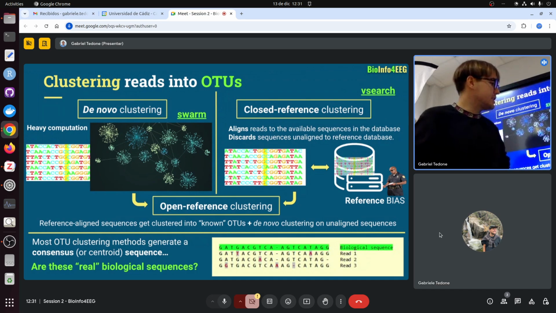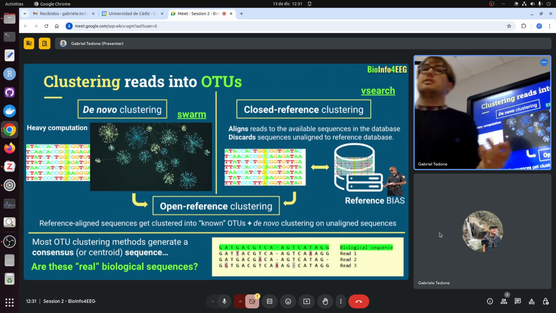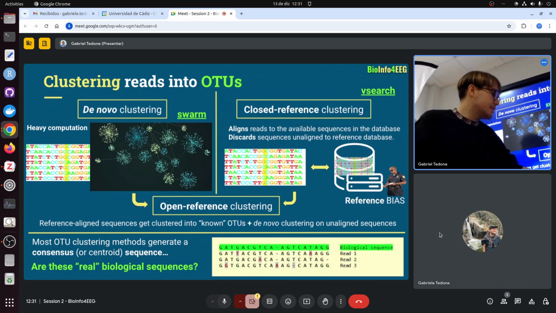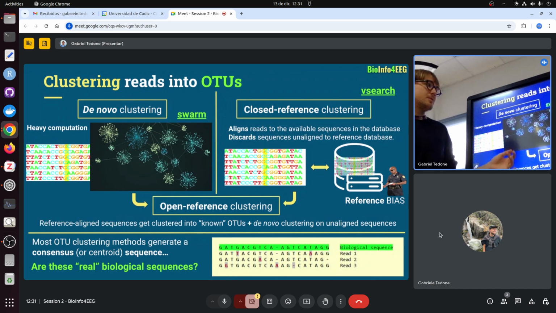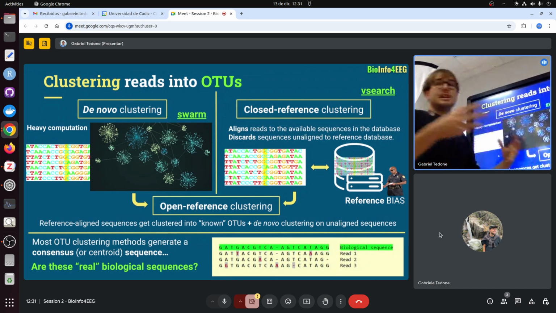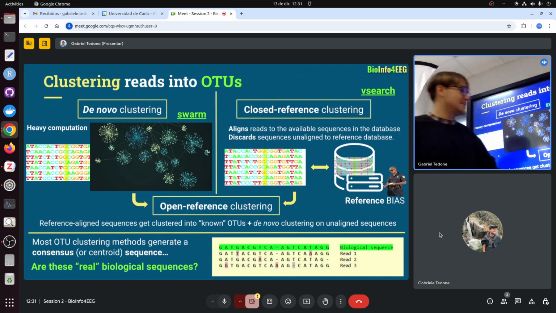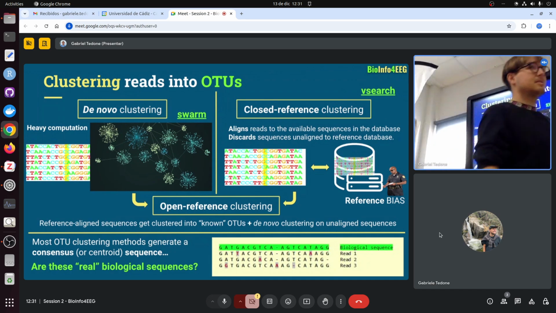They are similar within the 97% threshold, okay? They differ in a few bases, but they still differ in some nucleotides. What a lot of pipelines do is build a consensus sequence that represents that OTU. What I want to ask you is, is this consensus sequence real?